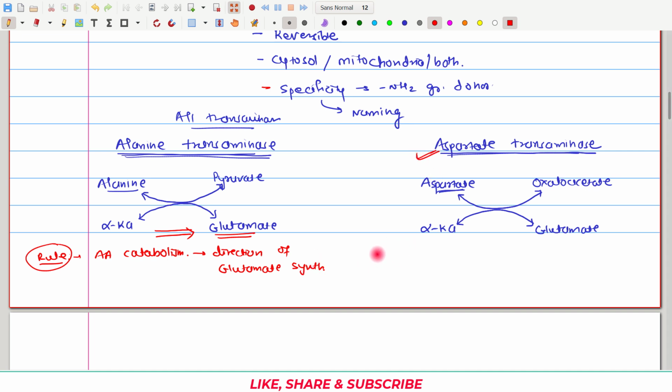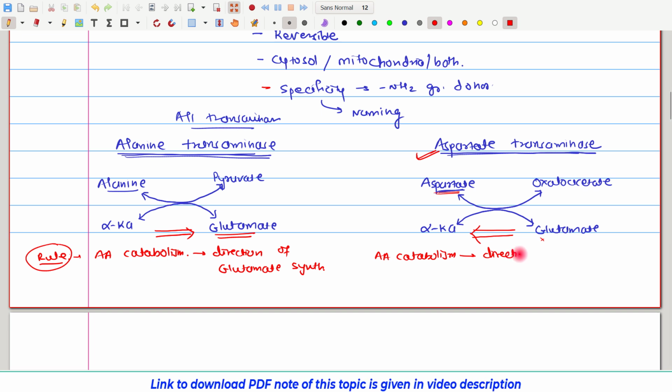In case of aspartate transaminase, during amino acid catabolism, this reversible transamination reaction is not working in the direction of glutamate synthesis, rather it is working in the reverse direction, which we call the direction of aspartate synthesis.